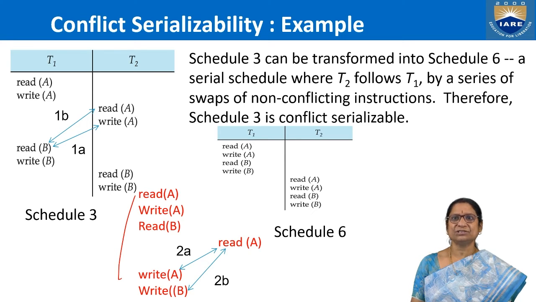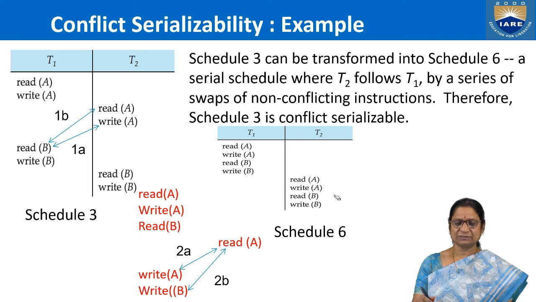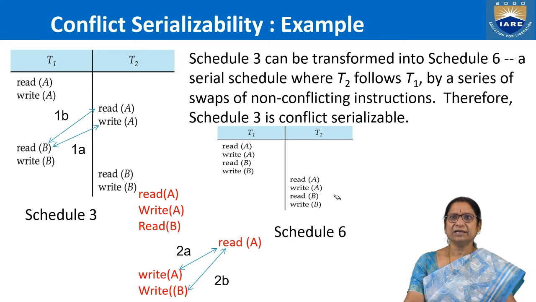When we interchange these two instructions with the read A, write A moves upwards and write B moves downwards. As a result, the instructions are scheduled as read A, write A, read B, write B, again read A, write A, read B, write B. Serial order of T1, T2 is possible.